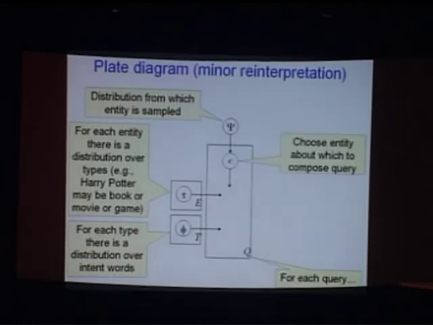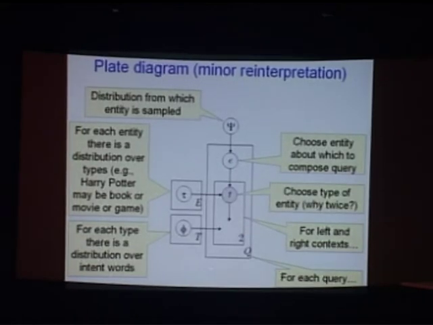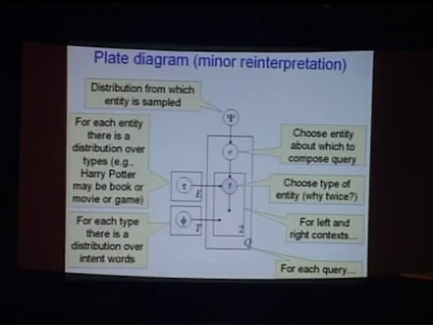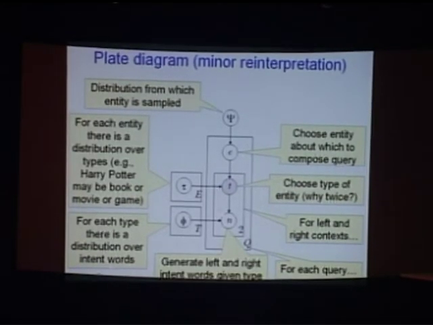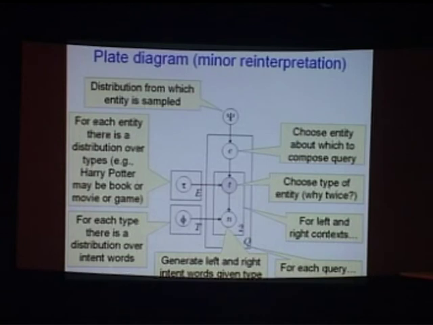So for each query, you first sample an entity, which you don't show, of course. And then twice, for the left and right context, you sample the type. Why the type is sampled twice is unclear from the paper. And then you generate the context words given the type. So that's the plate diagram of generating the query.